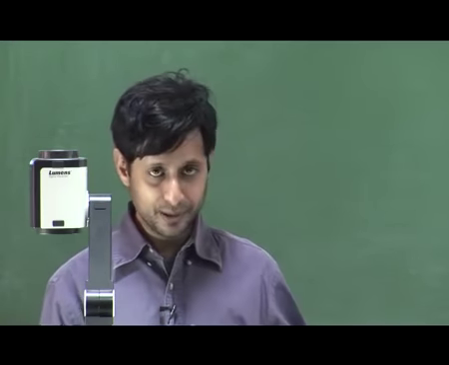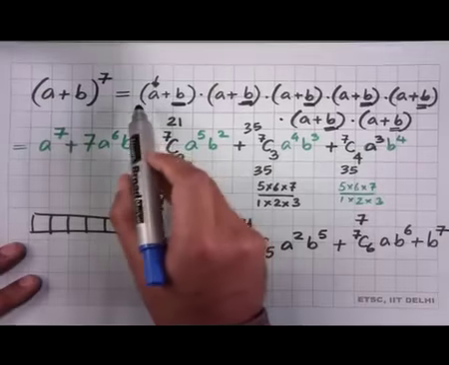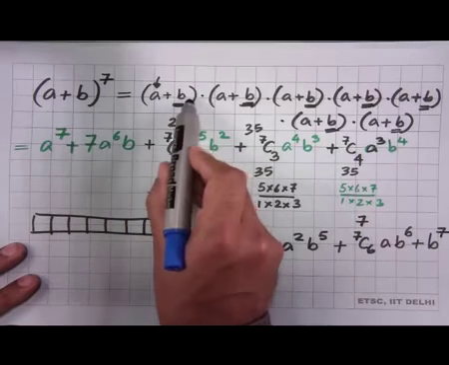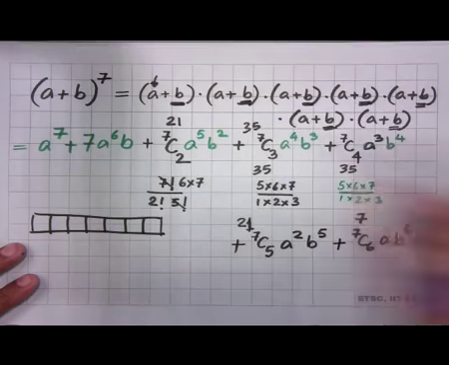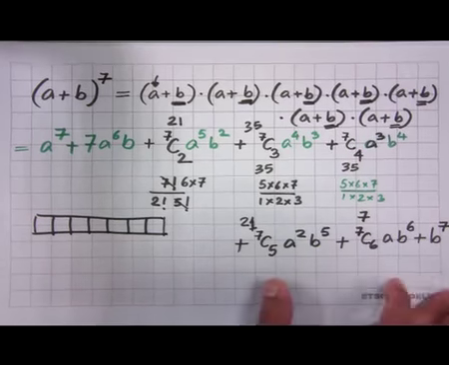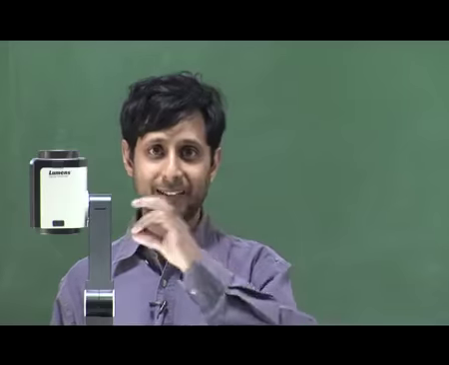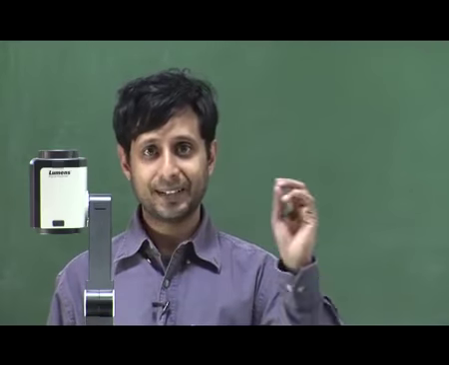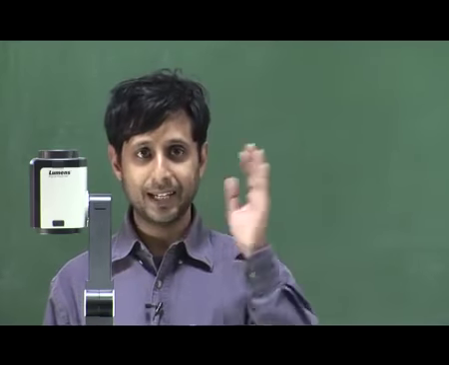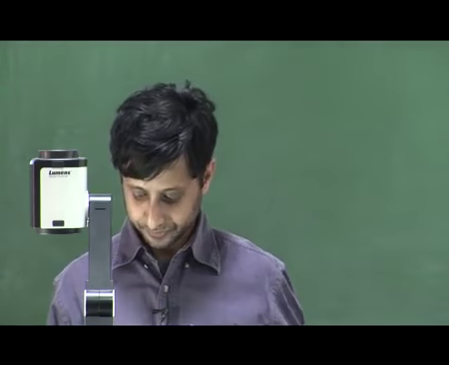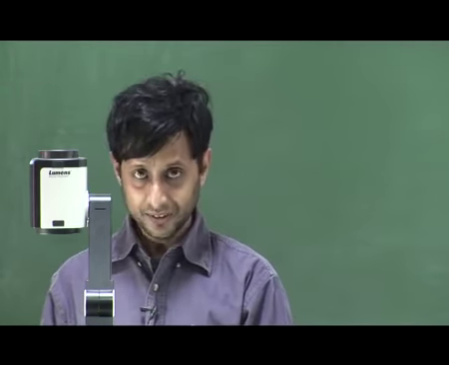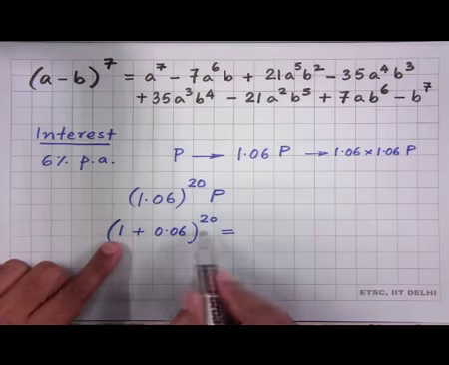You are going to break it up into several pieces, 1 plus 0.06, 1 plus 0.06, 1 plus 0.06, many times, 20 times, right. And then you choose the ones, you multiply the ones together, then the next step you multiply some 1s and some 0.06s and so on and so forth. So, what we are going to do is we are going to break this up 20 times.